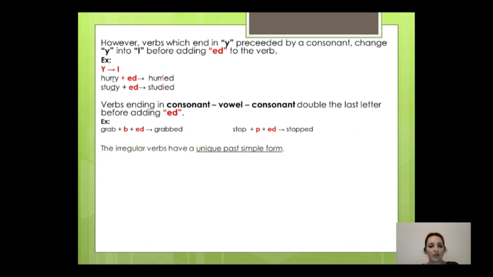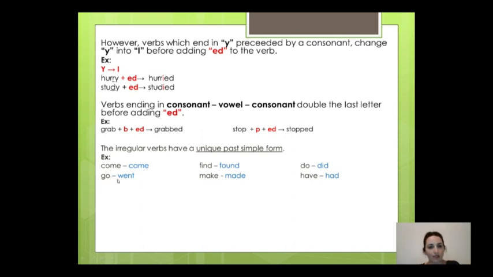When it comes to the irregular verbs, they have a unique past simple form. So what does that mean, a unique past simple form? It means that you have to learn them by heart. For example, come, which is the infinitive, its past form is came.